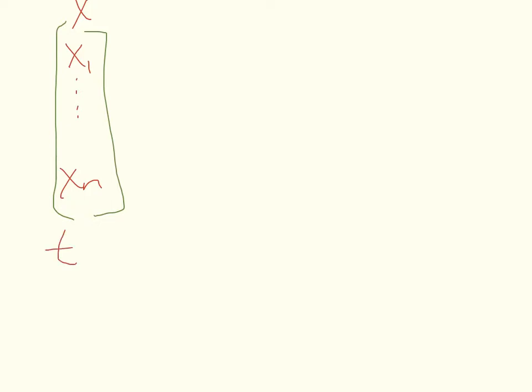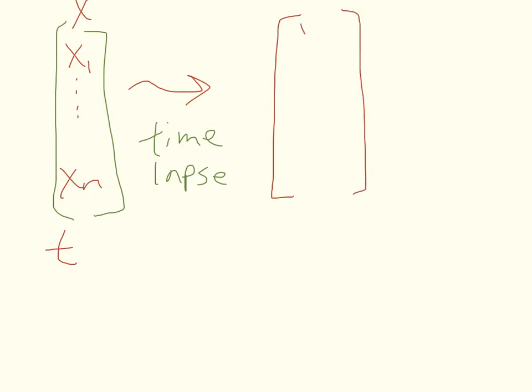Maybe it's the number of jumping jacks they can do in a minute. Then there's some intervention that happens, in other words, some time lapse. Let's just call this a time lapse. And I look at their values later, same group of people, x1 to xn.